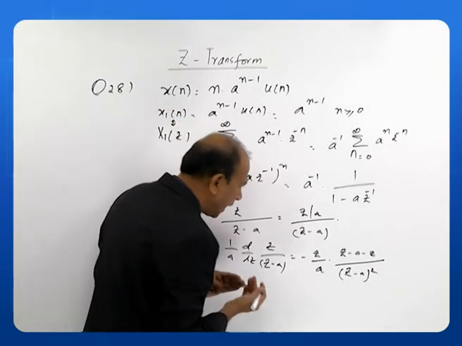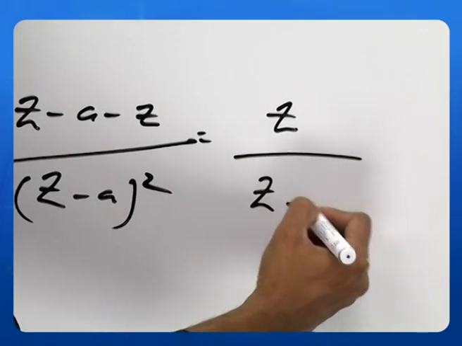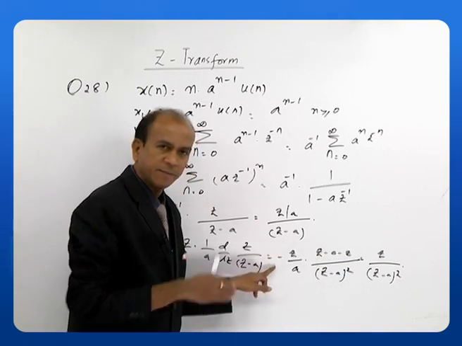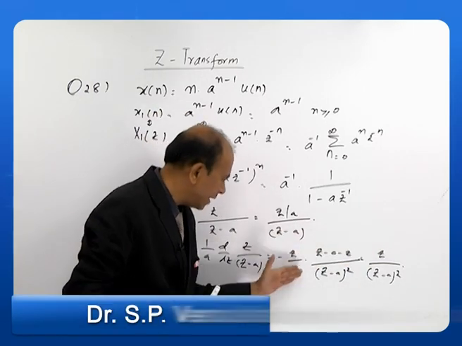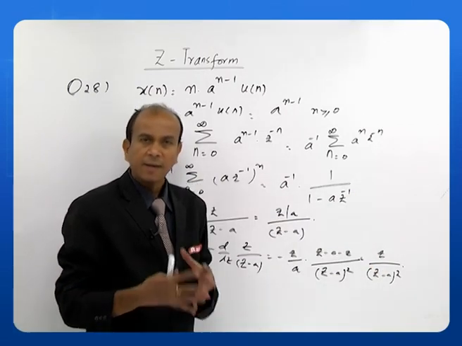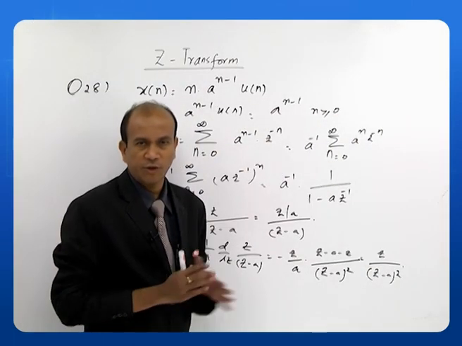Okay, that will be equal to z by z minus a whole square, because this minus minus becomes plus, this z here, a gets cancelled, so this is z by z minus a whole square, and the ROC will be z is greater than a. So this is the solution for this problem.